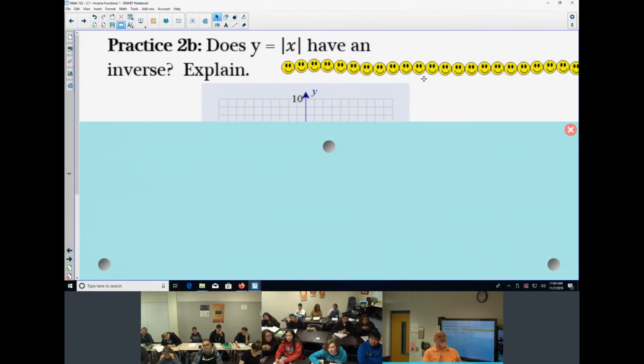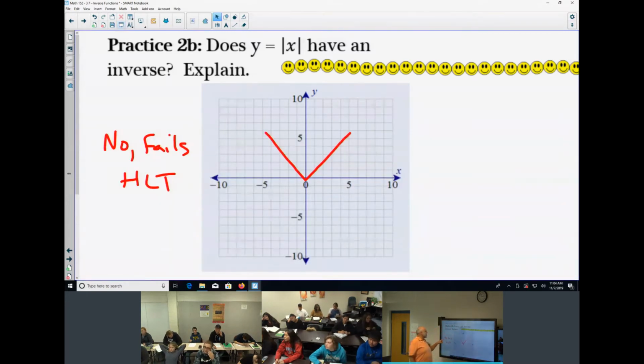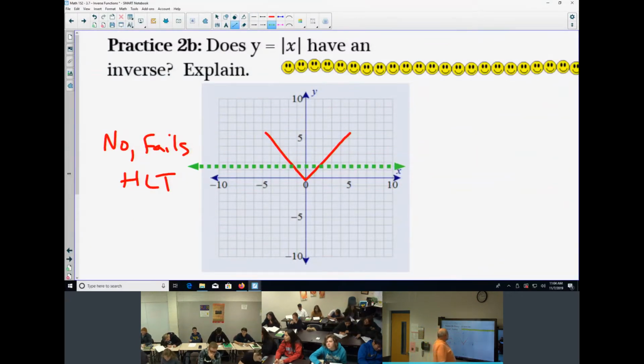In the sense of functions, the answer that I would be looking for is that the absolute value function fails the horizontal line test because the horizontal line would hit it more than once. So that's the easiest way to explain it. It is a function, but it fails the horizontal line test, so the inverse function does not exist.